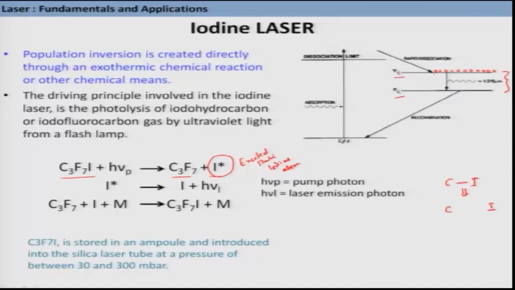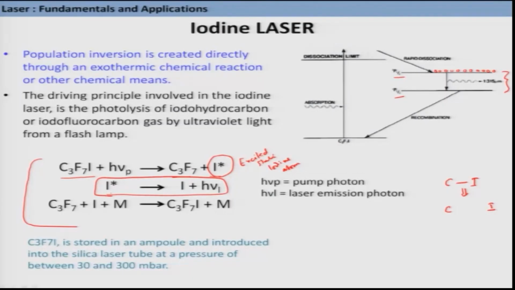This particular transition will give me my laser output, and the wavelength corresponding to this laser output is 1.315 micron. This is the whole procedure given in this reaction scheme, and this particular step is responsible for the laser action.